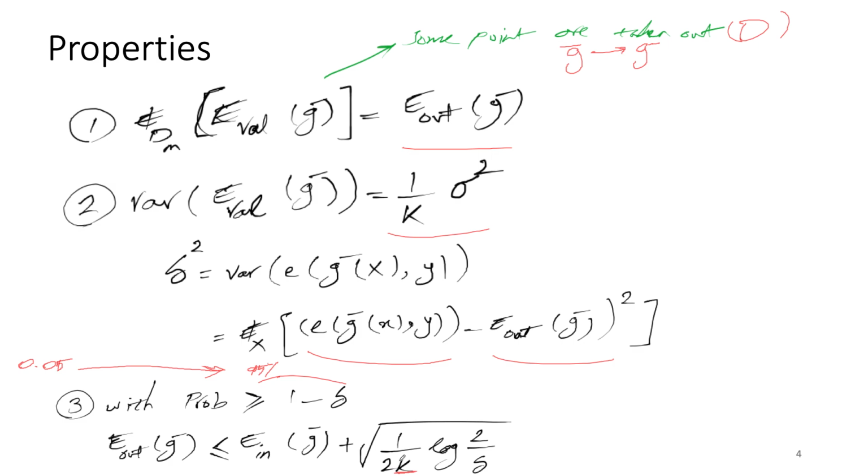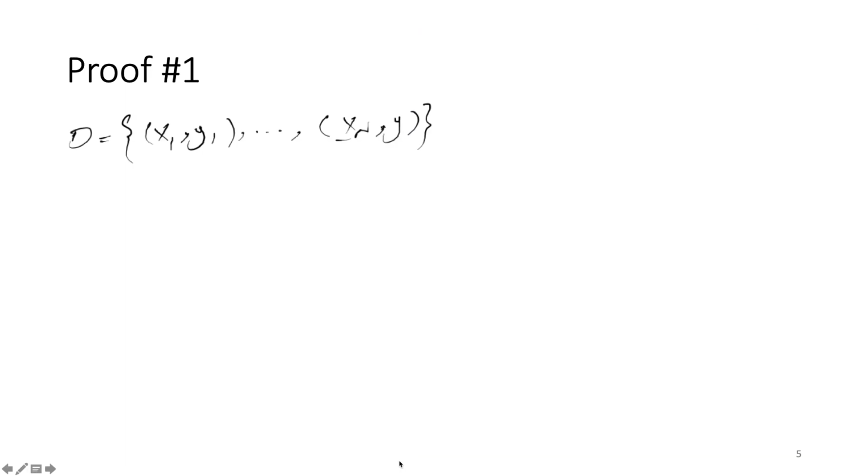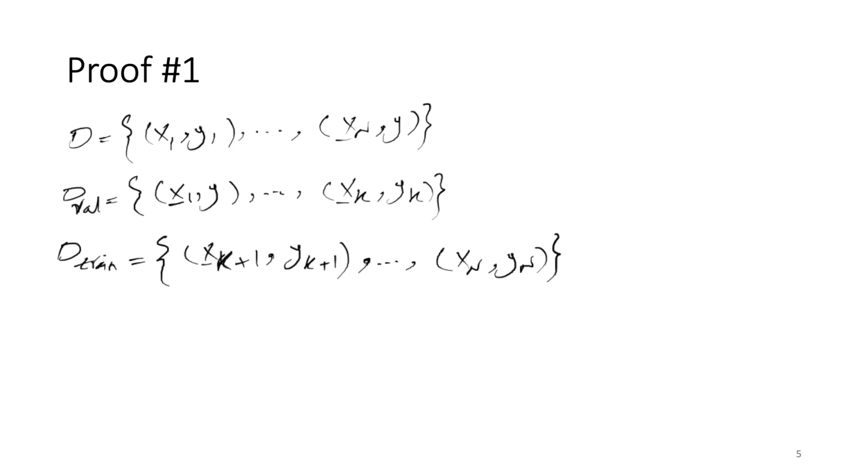Okay, so let's start proving number 1. So that was our original D. We divided it into Dtrain and Dval, right?